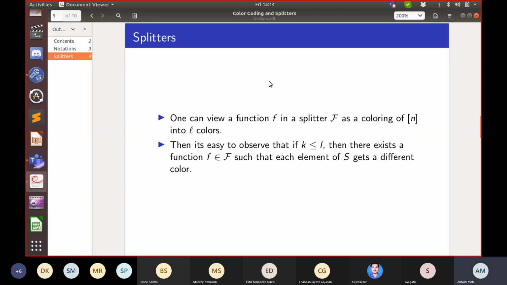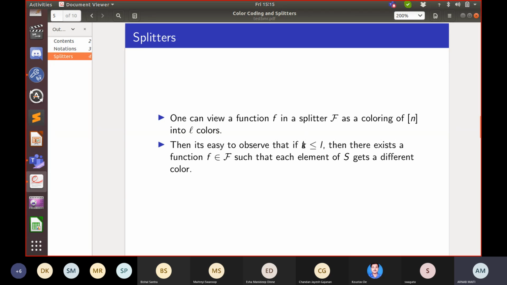In more detail, you can consider that you have n objects and you're coloring them with L colors.